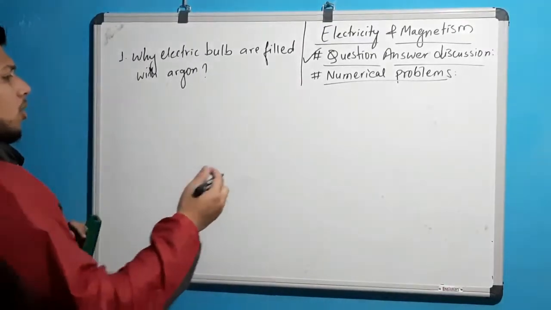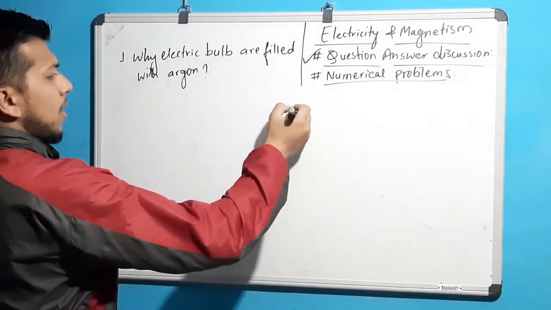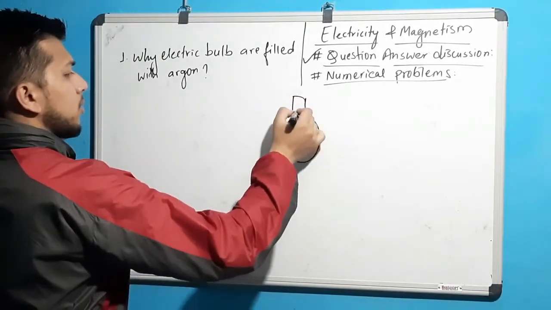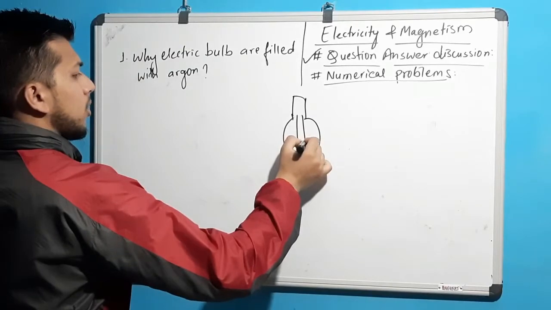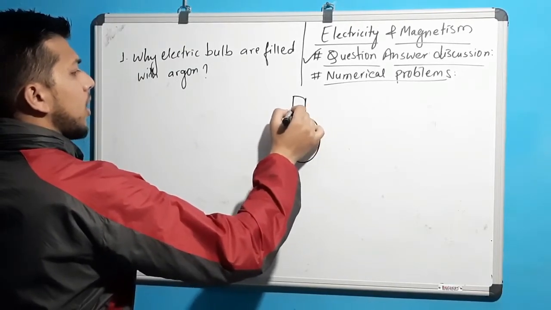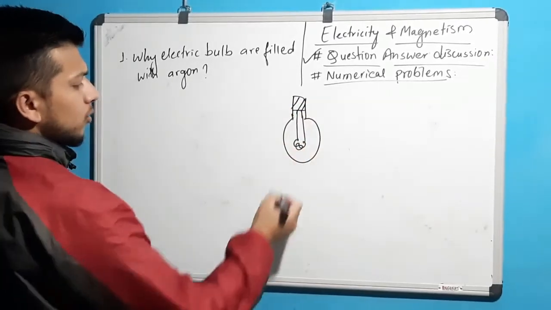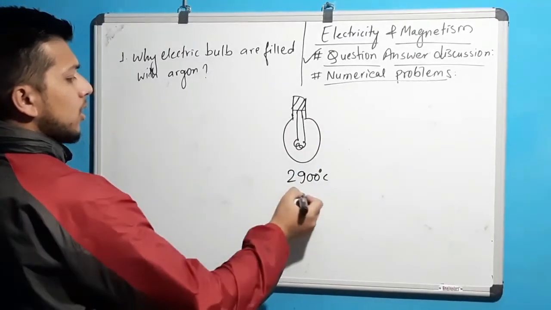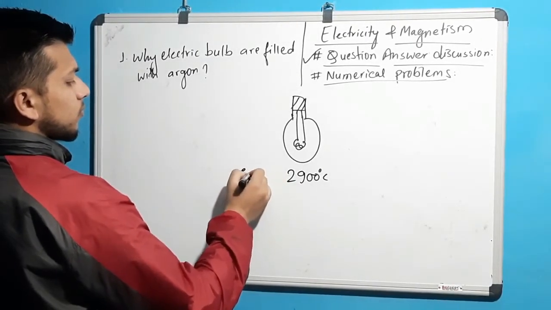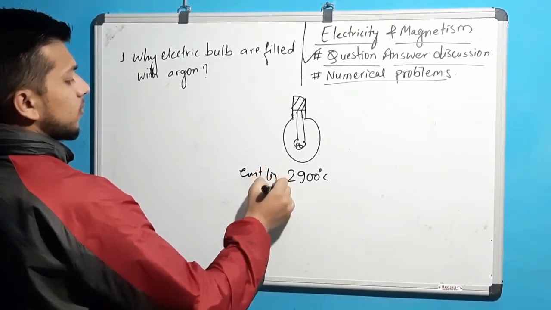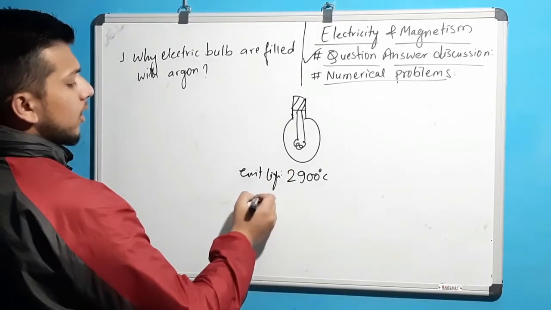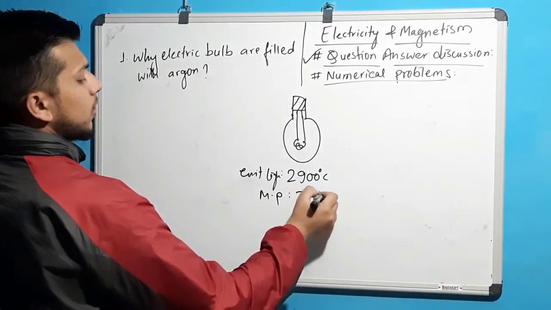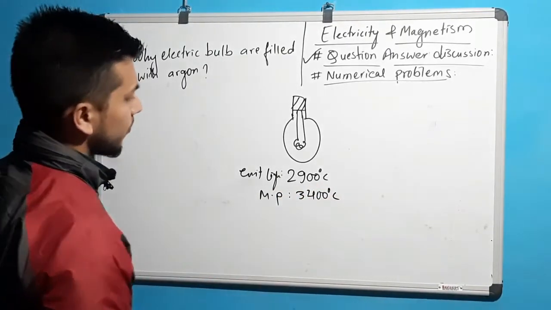In an electric bulb, like this type of filament lamp, there is one filament which is made up of tungsten and which gives light at 2900 degrees Celsius, and its melting point is 3400 degrees Celsius.